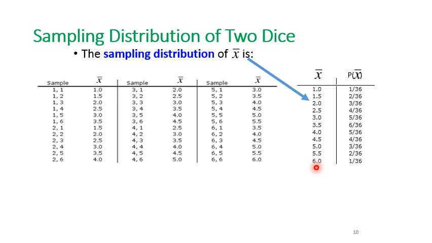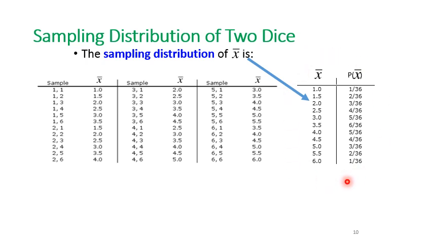And regarding the 6, if we return back to this table, 6 occurred only once, so its probability is 1 over 36. So by listing all the possible values of x bar, the 11 different values, and by computing their corresponding probabilities, we will construct the probability distribution table of x bar.